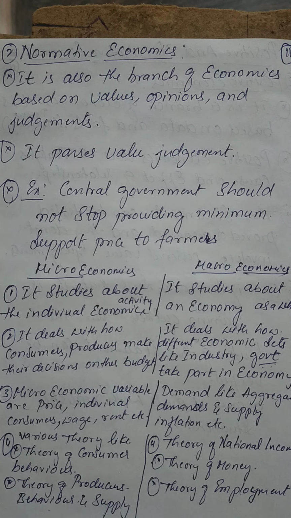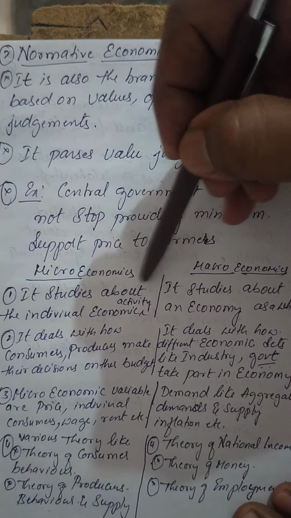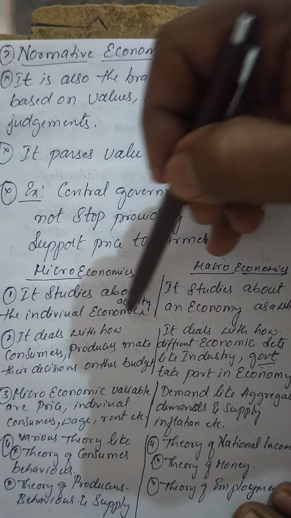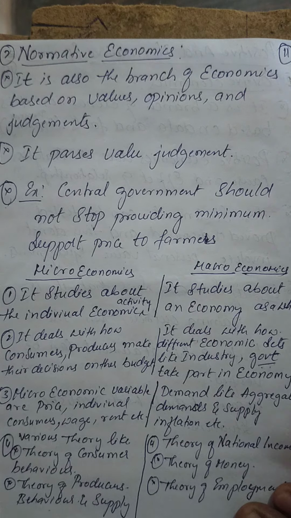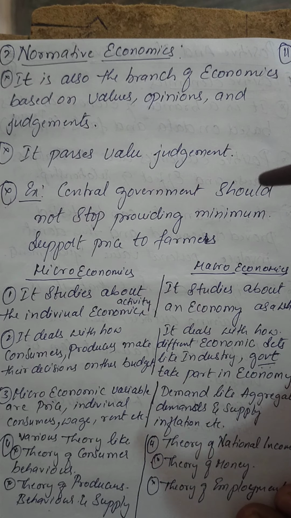So micro means what? It is a study of individuals' economic activities, which means every single individual in an economy, what activity or process takes place by him, maybe from earnings till savings, okay.